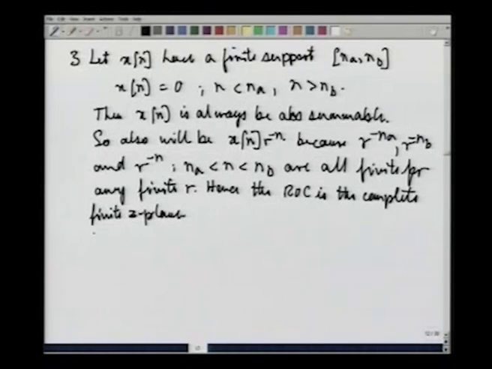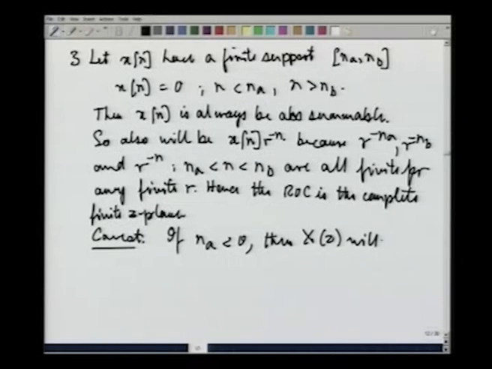However, there is a proviso, there is a caveat. If n a is less than 0, then X(z) will contain a term such as x[n a] z to the power minus n a.